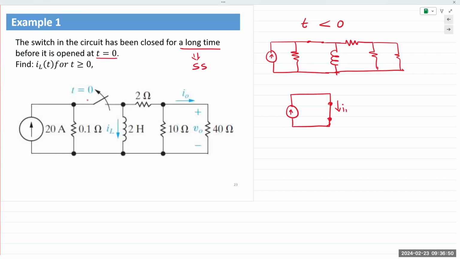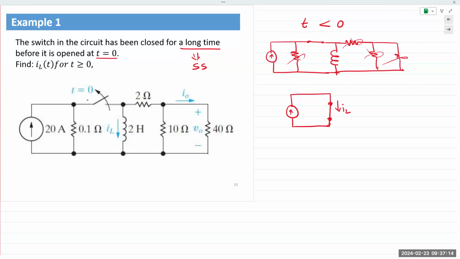If it's a short circuit, all of the current is going down that path. A short circuit means all of the current flows through that component. Nothing is going anywhere else. The resistors are all bypassed. And we are not analyzing the circuit before time t equal to 0. We don't care about what happened in the past.